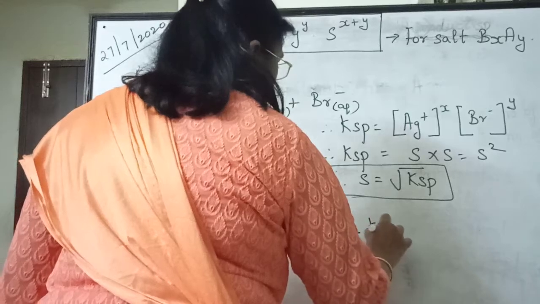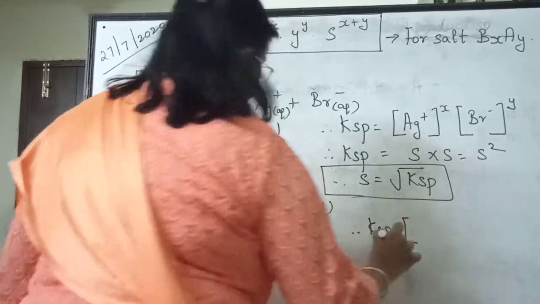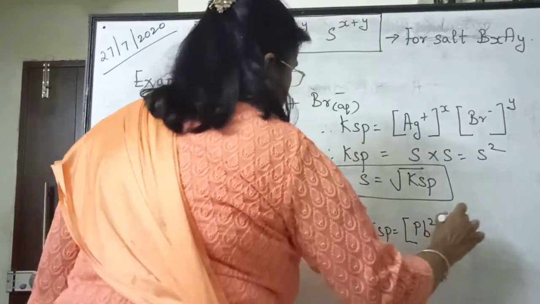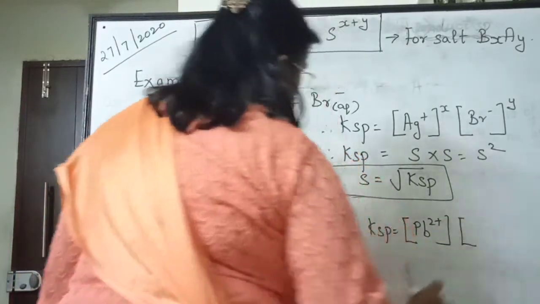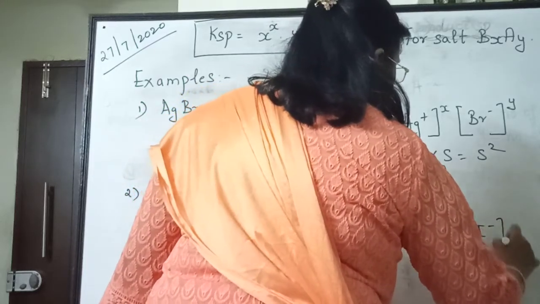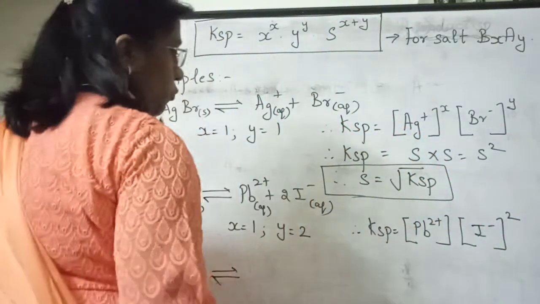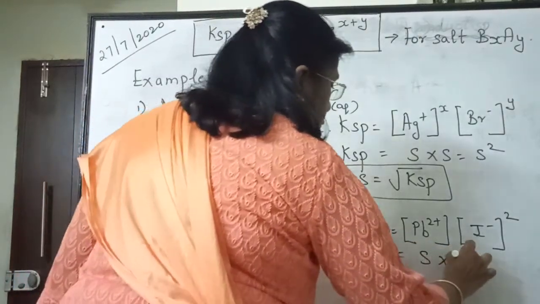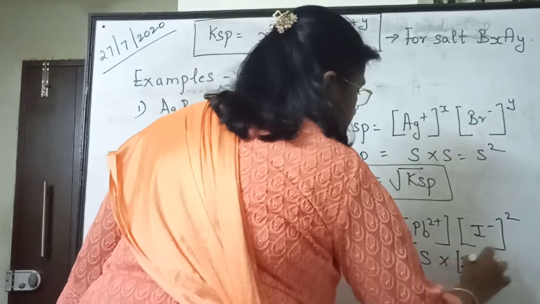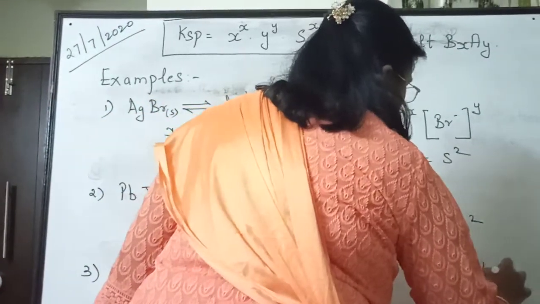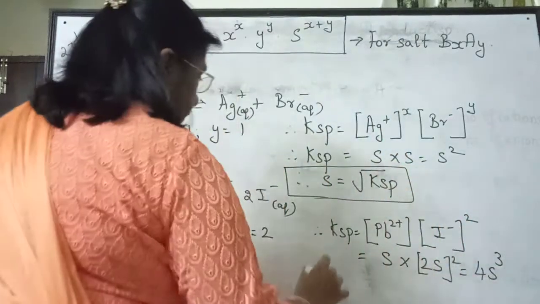Therefore, Ksp will be equal to concentration of Pb2+ into concentration of I- raised to power 2. So that is equal to S into (2S) square, which will be equal to 4S cube.